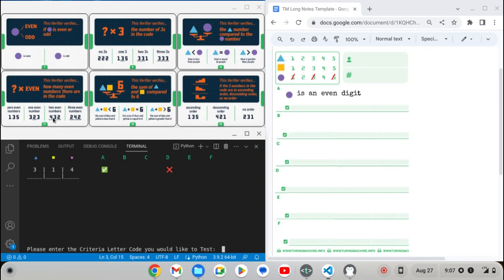So let's see. I think I recall a puzzle I did maybe a few weeks ago, where I had this criteria card D and criteria card F, and if you list out all the possibilities, if there are three evens, that would mean there would be no order.